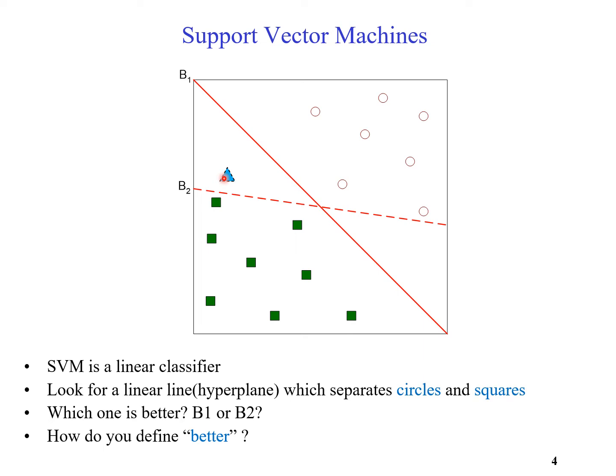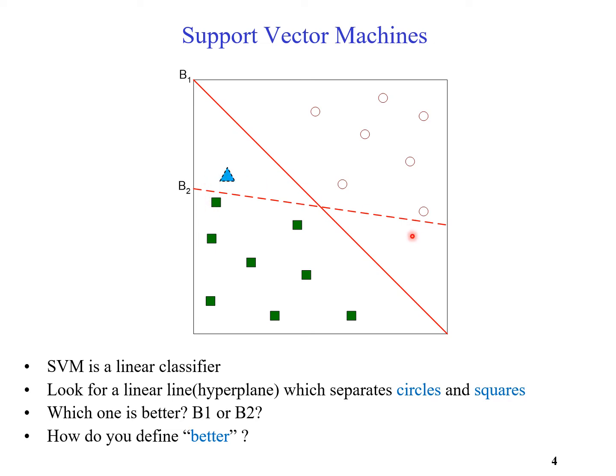But if you use the B2 line, this new data is actually on the opposite side of this line, which means this new data has a different class value than this one, right? That is no good. These two data are very close, very similar, so they are supposed to have the same class value, but if you use the B2 line, these two data are on opposite sides, right?